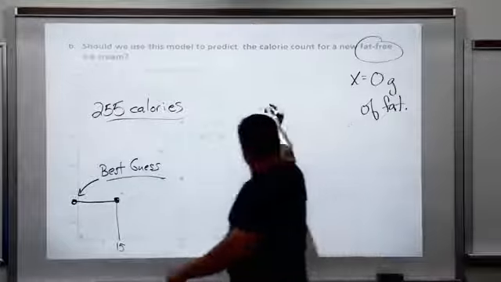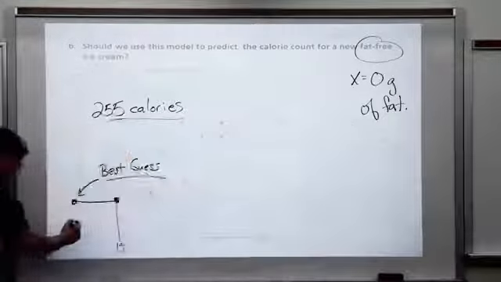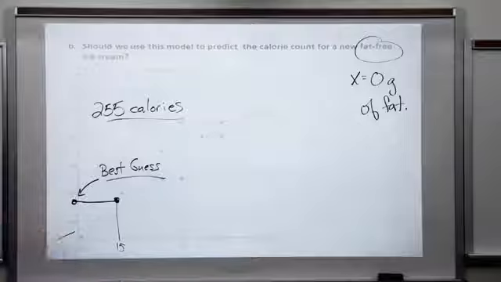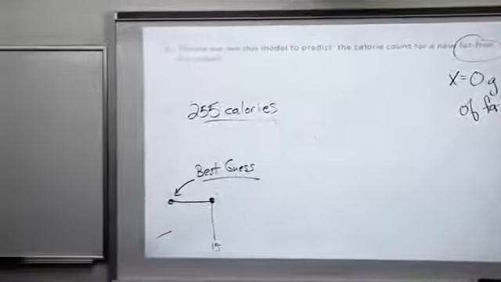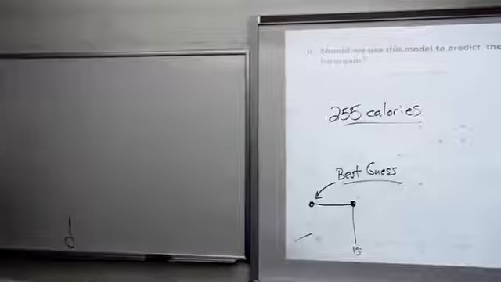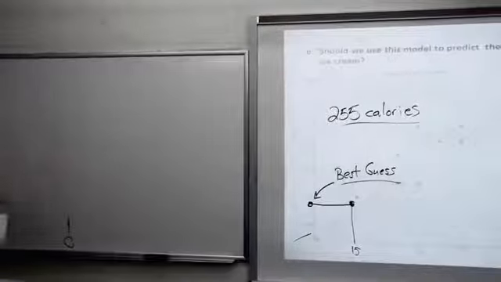I don't know if this equation would continue down off the board, below onto the wall here. As I move left, somewhere over here is 0, and that diagonal line is going to be about down on the floor. Do we feel comfortable being down here predicting calories? Probably not, right? It's outside the scope of the model.